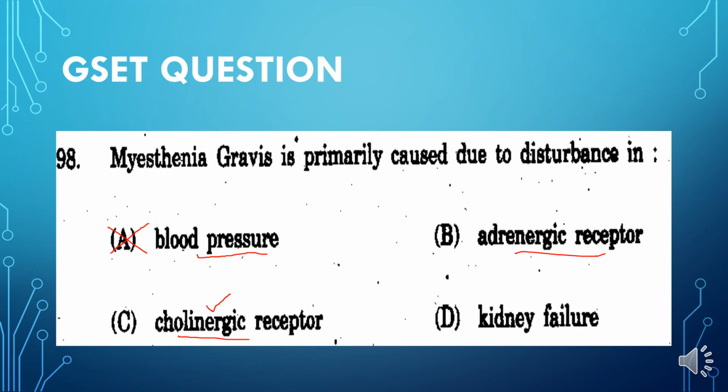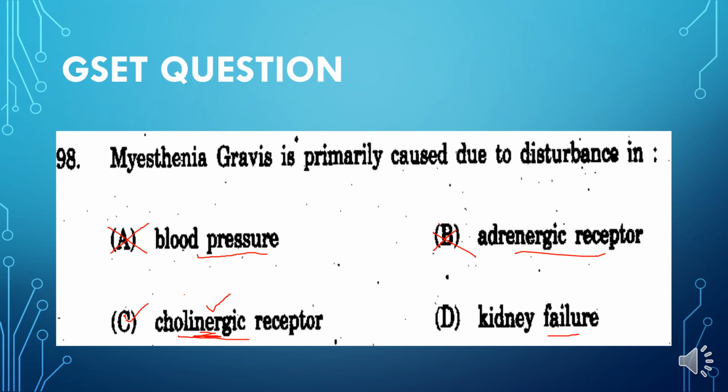So naturally the adrenergic receptor will be the wrong option, and the cholinergic will be the right option, that is, acetylcholine binds with the cholinergic receptor. If there is a problem with the cholinergic receptor, then we will have myasthenia gravis.